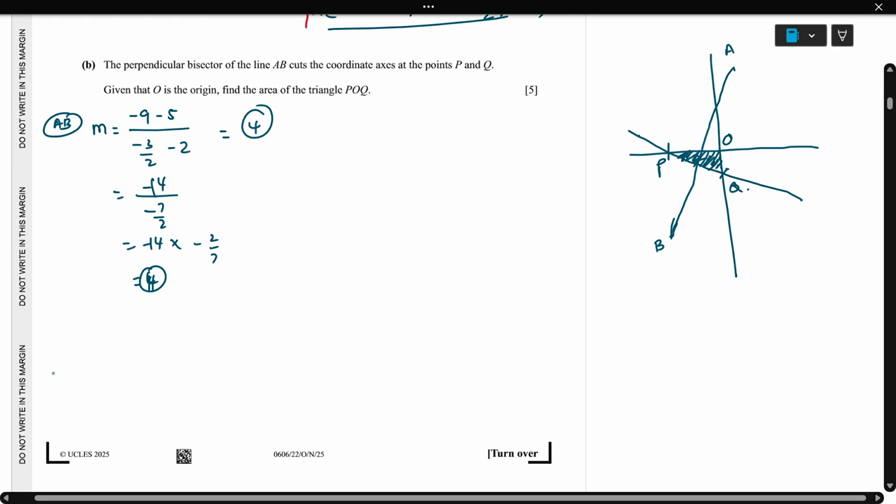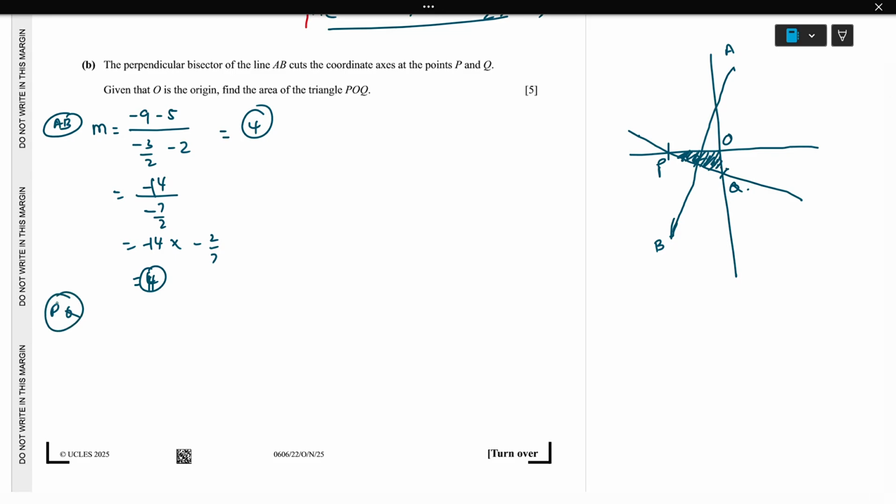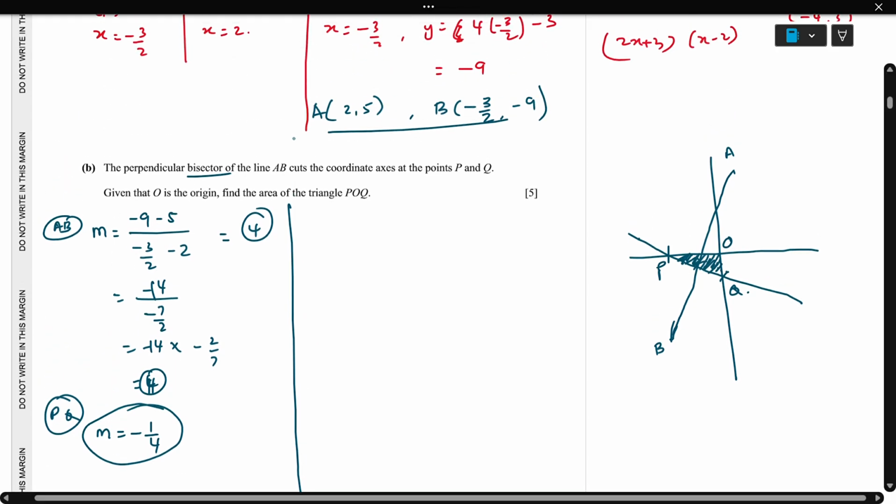For the perpendicular bisector, our gradient is the negative reciprocal, which is negative 1 by 4. Since it's a bisector, it passes through the midpoint, so we need to find the midpoint.